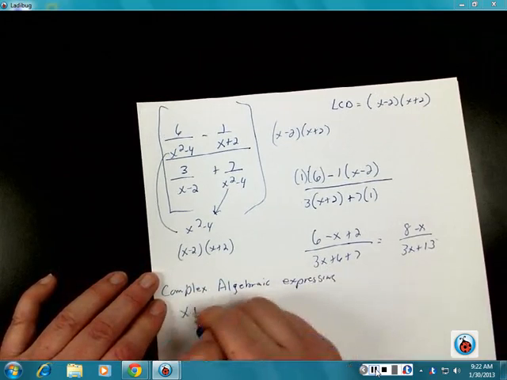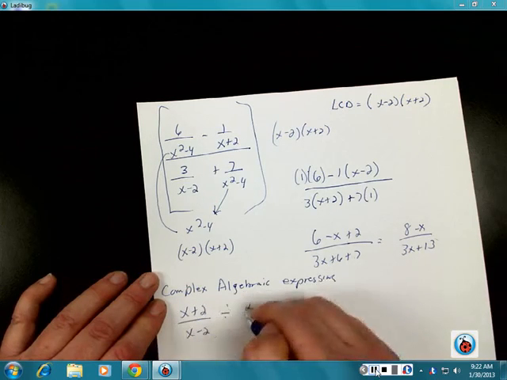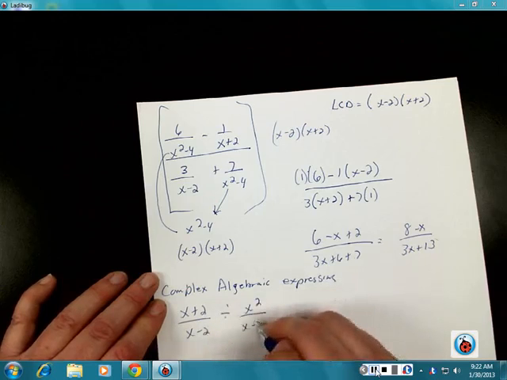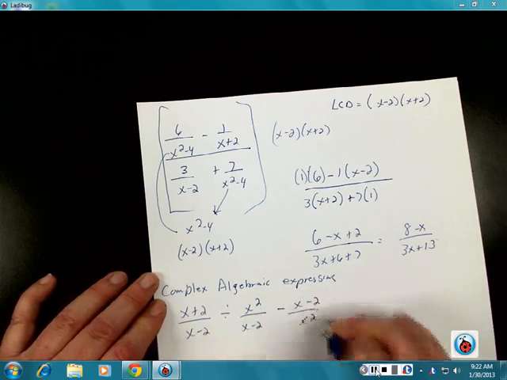They look at things like x plus 2 over x minus 2 divided by x squared over x minus 2 minus x minus 2 over x squared.